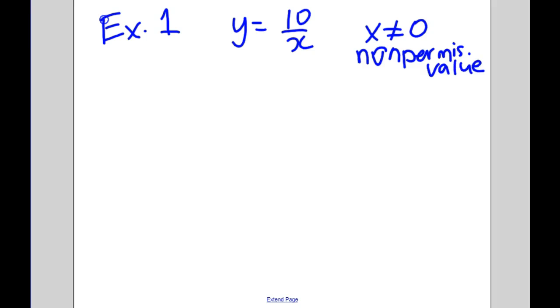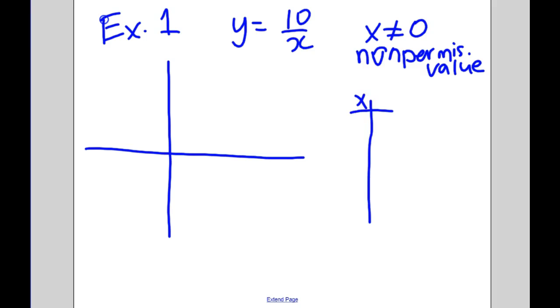Okay, and what we were supposed to do first was to graph the equation. You could pick anything for x and we're going to see what it's going to be for y. But let's pick a few points that are going to make this an easy equation to graph. If x was 1, what would my y be? Yeah, 10.